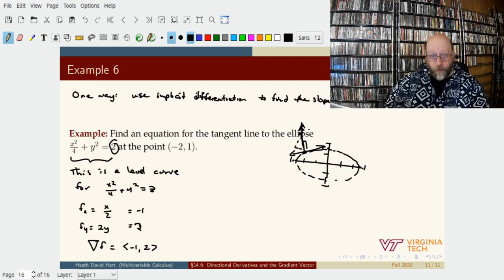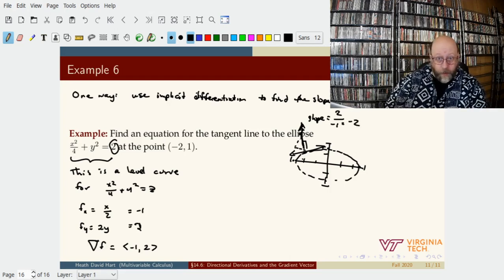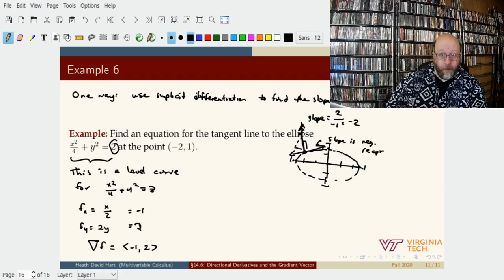The slope of the gradient vector is the change in y over the change in x, which is 2 over negative 1, which is negative 2. And so the slope here is the negative reciprocal, which is positive 1/2.